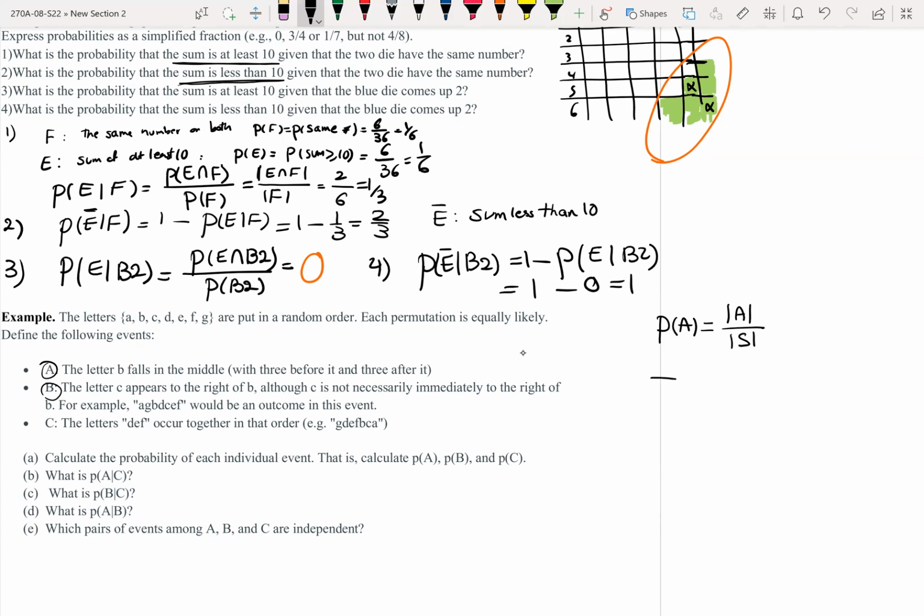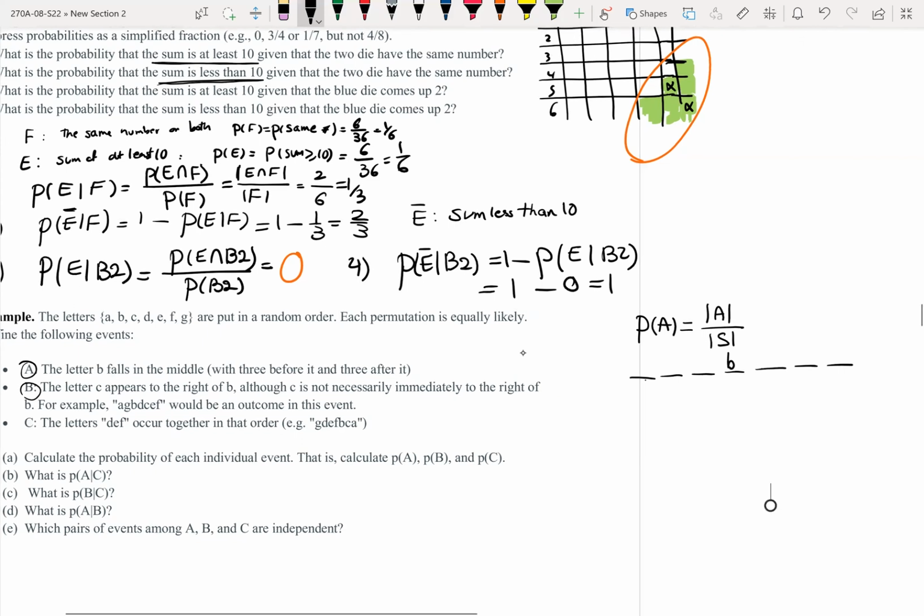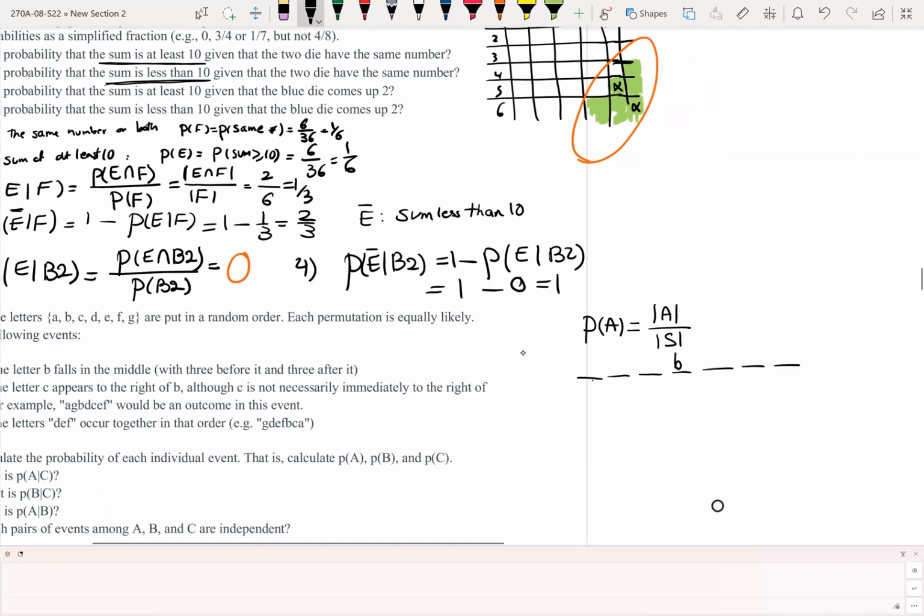You have 7 letters: 1, 2, 3, 4, 5, 6, 7. For the probability of A, B has to be in the middle. What would be the other permutations if B is in the middle? Six only? Go ahead.